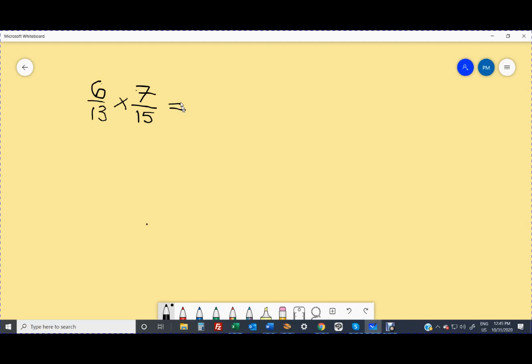So what we're going to do with this is basically multiply. We put it all over one big line, numerator and denominator. So 6 times 7, and 13 times 15.